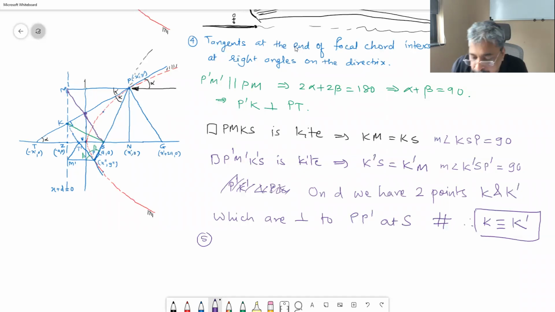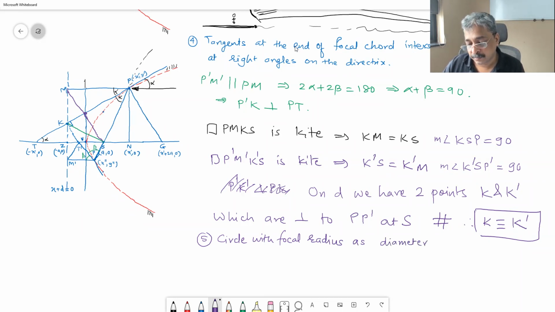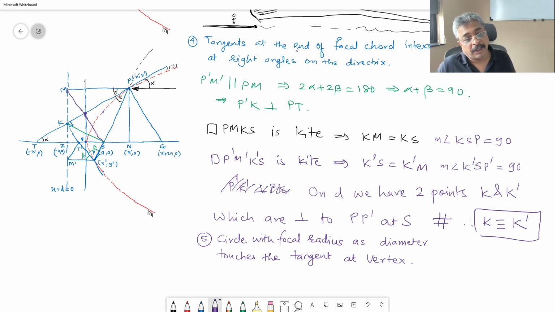Property number 5. The circle with focal radius as diameter touches the tangent at the vertex.